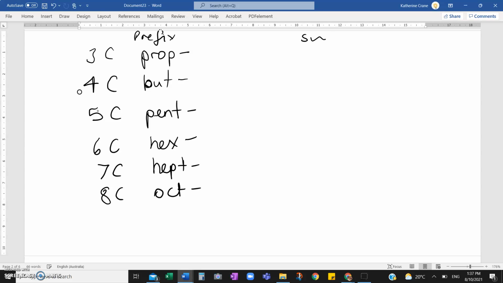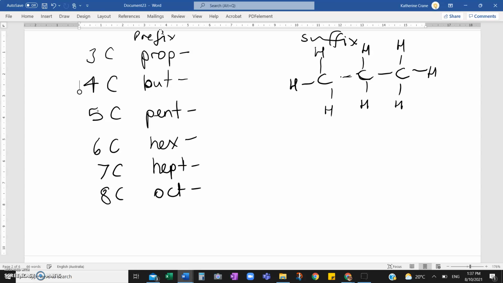And then our suffix will be, well, what type of bonding is between them. So if it's single, for example, this one with the hydrogens on it, this would be propane. If we get to 4 carbons, 1, 2, 3, 4, and let's say we have a double bond here, it would be the same as having a double bond at that end as well.